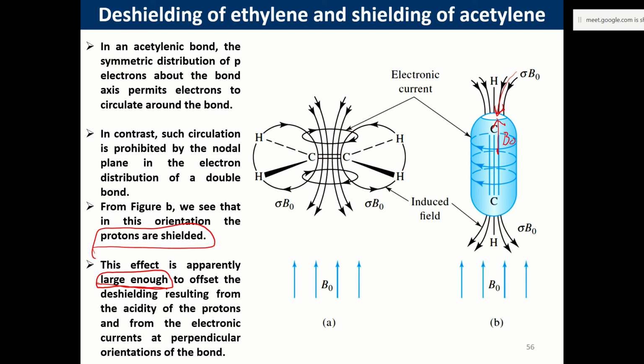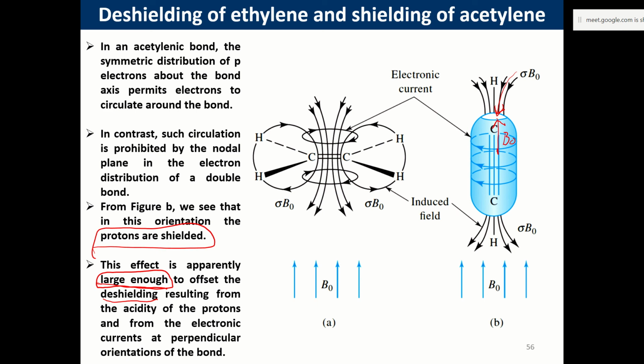Here it is an sp carbon, whereas it is an sp2 carbon in ethylene. So you expect the electrons to be withdrawn toward the carbon more. They will be attracted toward the carbon nucleus more, and not lying toward hydrogen. But that de-shielding is less compared to this huge effect of the ring current.